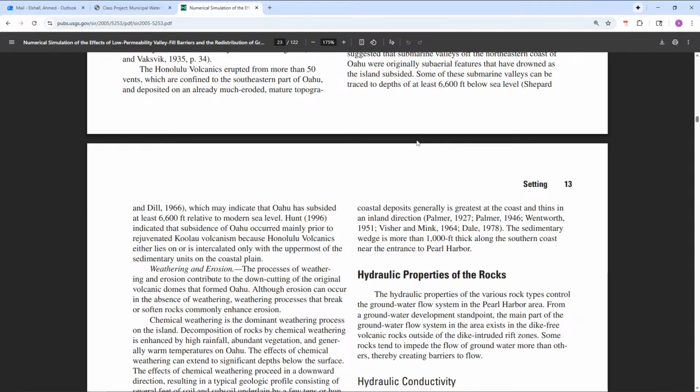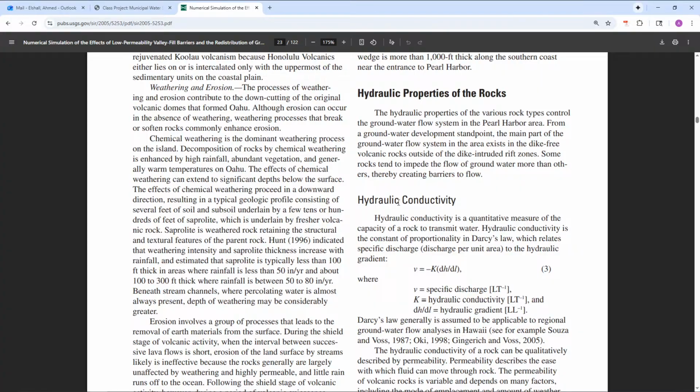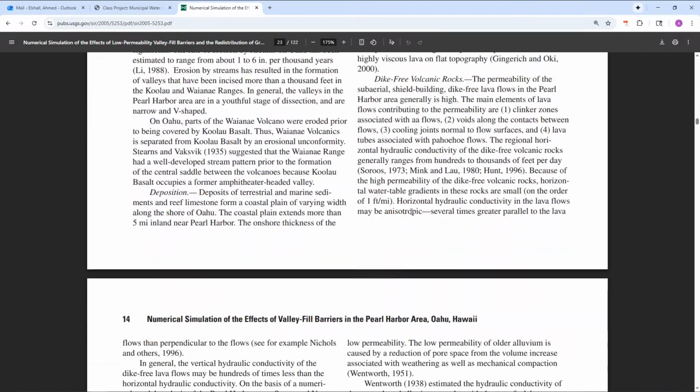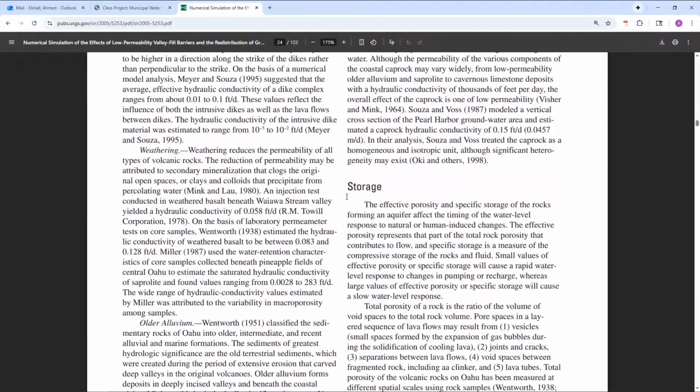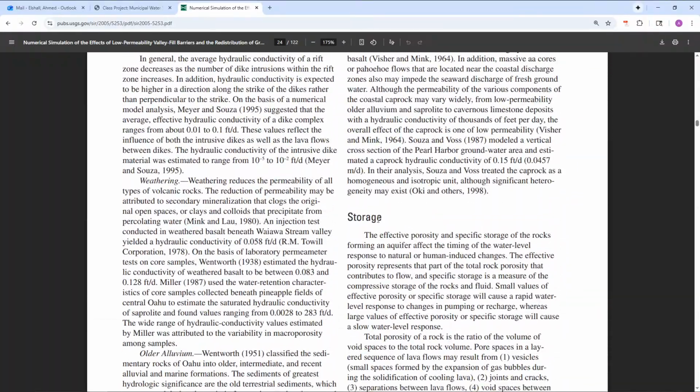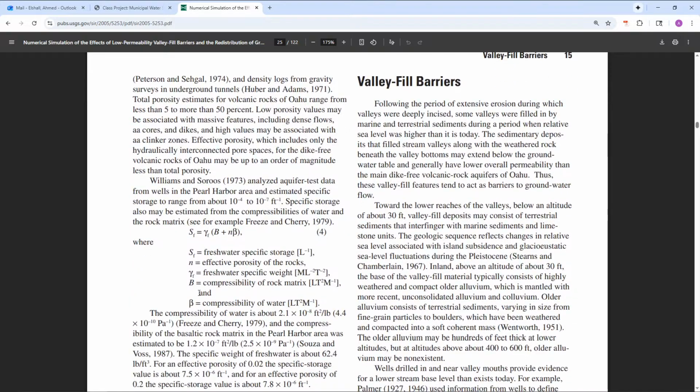The purpose of the model is to understand the impact of these low permeability areas, and to understand this you need to describe to the reader what these low permeability areas are, and then you describe the hydraulic conductivity. And then, if you remember, you've seen this equation before: storage coefficient and specific yield.